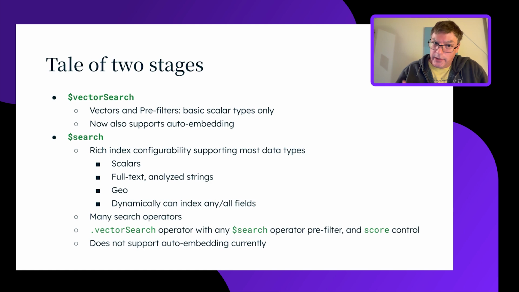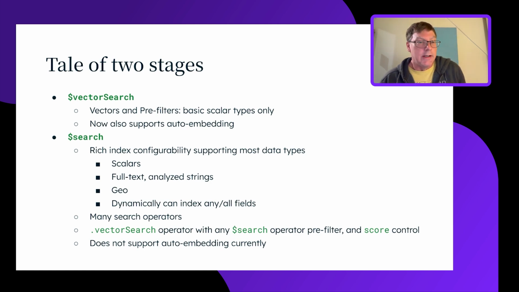And so with the dollar vector search stage, pre-filters are only on basic scalar types. So exact string match or a numeric, very basic field type matches. And one thing I'm going to mention is that one advantage to the vector search stage is we now have auto embedding support there as well. That is not supported in the next thing I'm going to talk about. So if auto embedding is something that you're after, then you're going to want to use the dollar vector search stage currently.